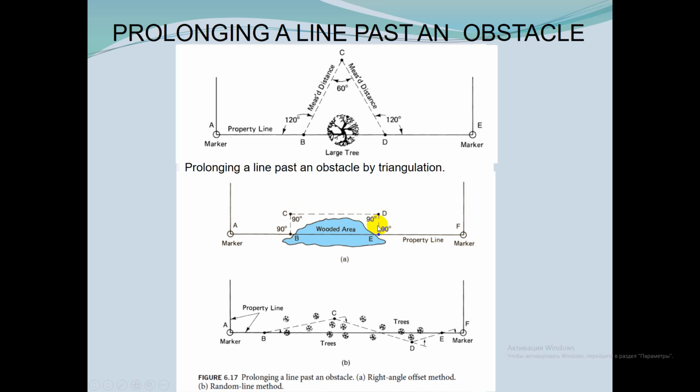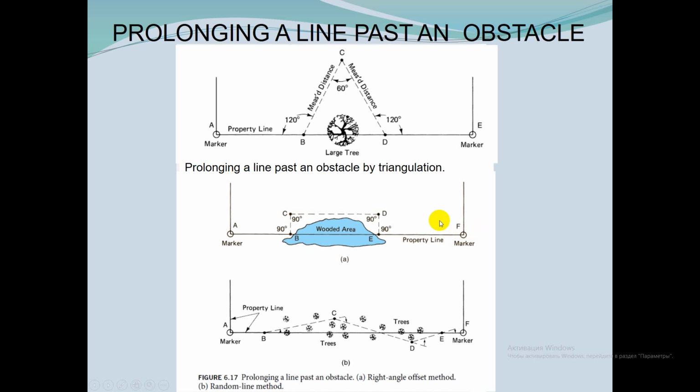The survey can then continue to F. If distance CD is measured, then the required boundary distance AF is AB plus CD plus EF.